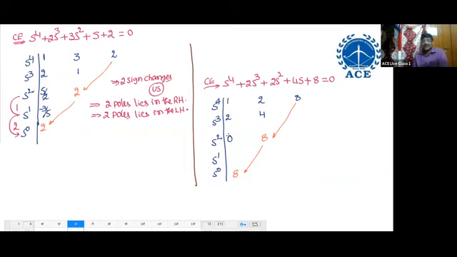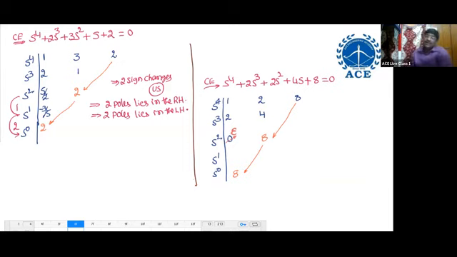That is the problem. That's why whenever you get a 0 in the first column, you should replace it by epsilon, the smallest positive constant, and continue the Routh stability.